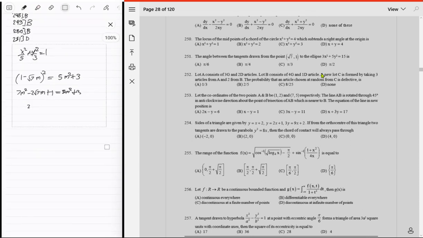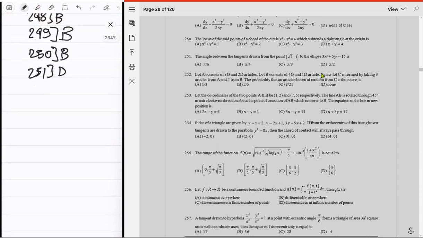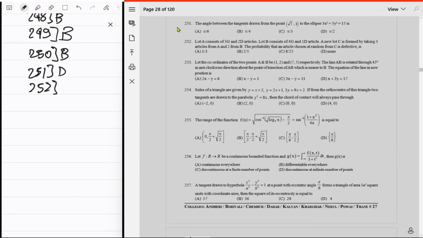252: okay, the angle is done. Let A consist of 3 G and 2 D articles, let B be the lot of 4 G and 1 D article. Wait, what? A new lot, okay, 3 articles. I think G and D are like labels, something like that.